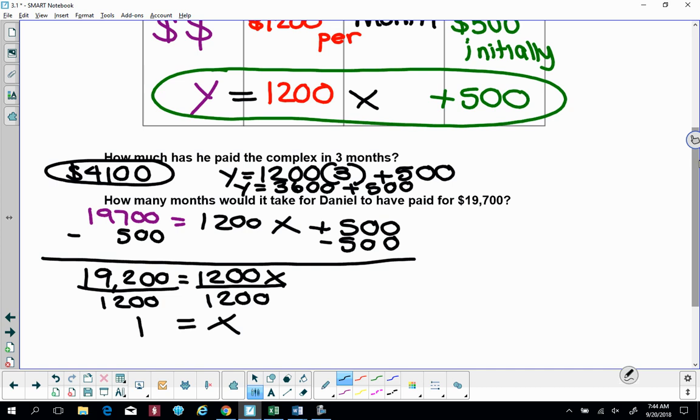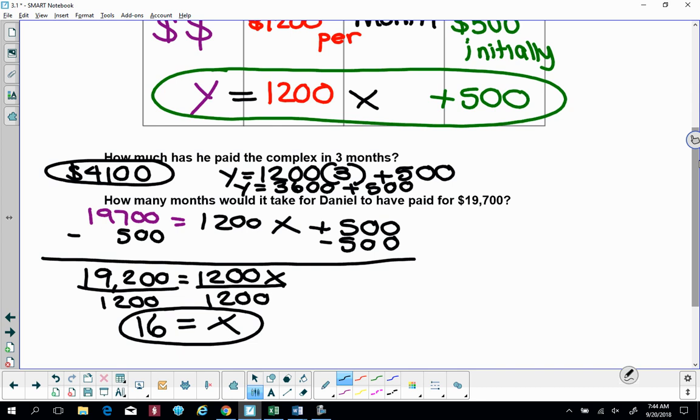It ends up being 16. So X equals 16. That means in 16 months, he's paid $19,000 for this apartment.